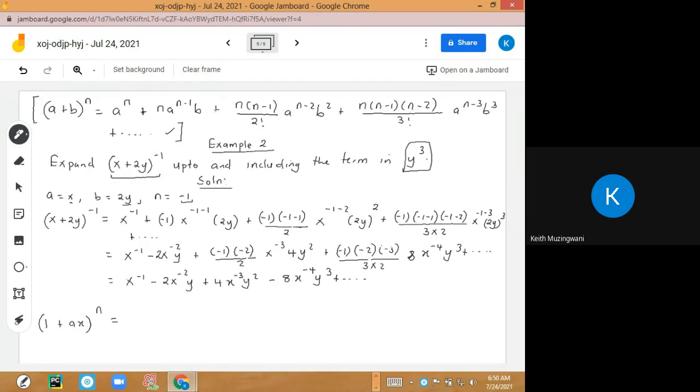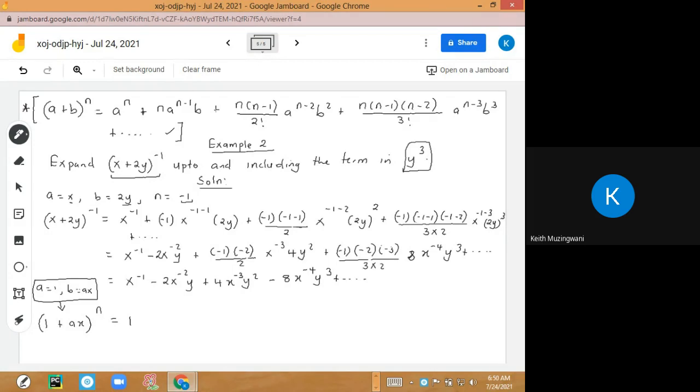So in the same theorem, the same expansion, we now specify that the first term is (1 + ax) to the power n. Okay, this means that a is 1 and b is ax. We want to use this now here to fit it in the star equation there.